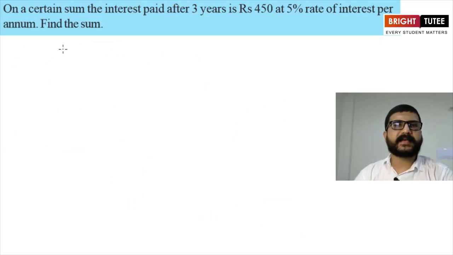Now here is the last question of this session. The question is, on a certain sum, the interest paid after 3 years is rupees 450 at rate of 5% per annum. We have to find the sum. So this time we have to find the principal. Time is given as 3 years, interest is given as rupees 450 and rate is given as 5%.